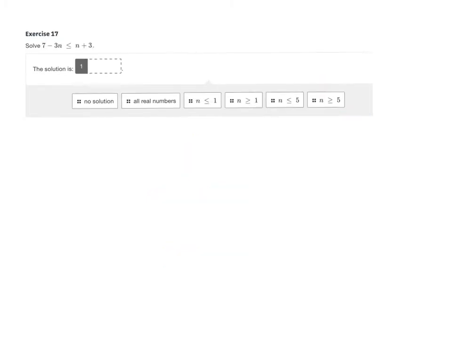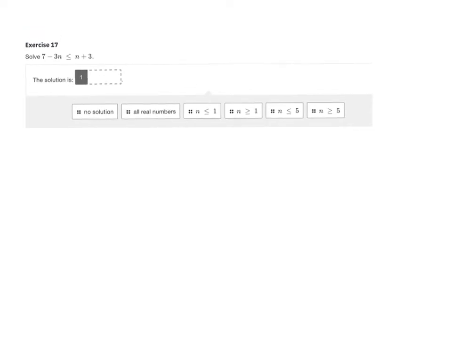On number 17, I've got 7 minus 3n is less than or equal to n plus 3. And what I'm going to do is I'm going to get rid of, well, it doesn't matter. Let's say I minus n from both sides. That's going to be 7 minus 4n less than or equal to 3.